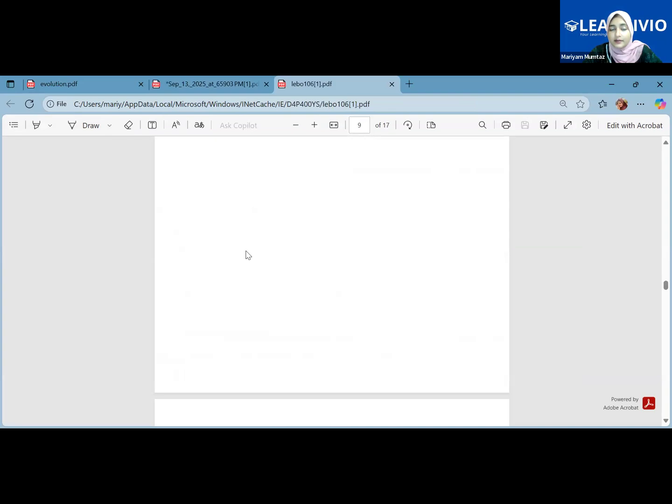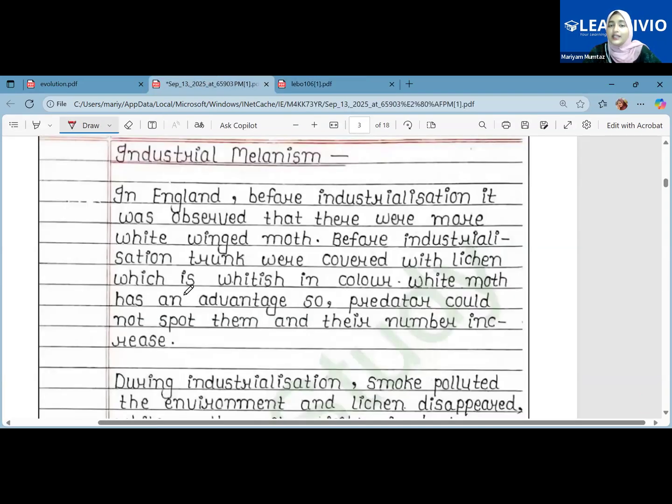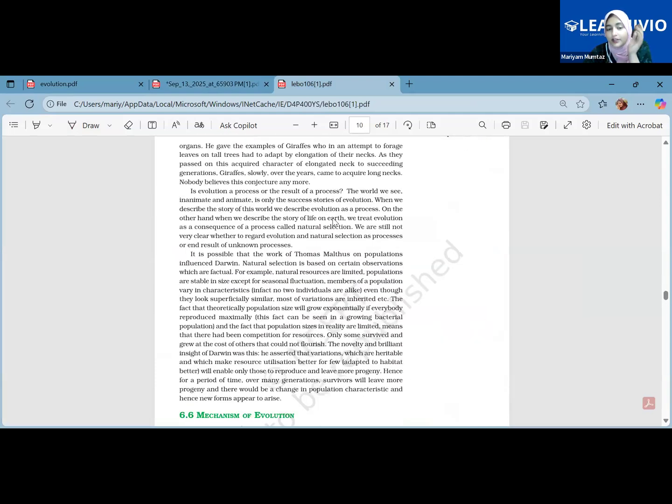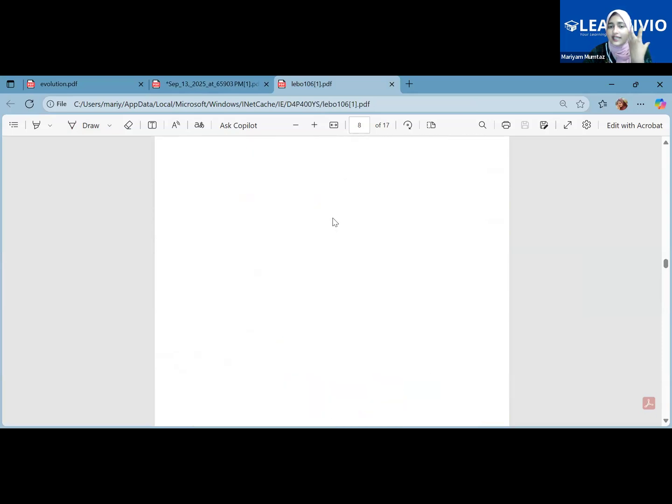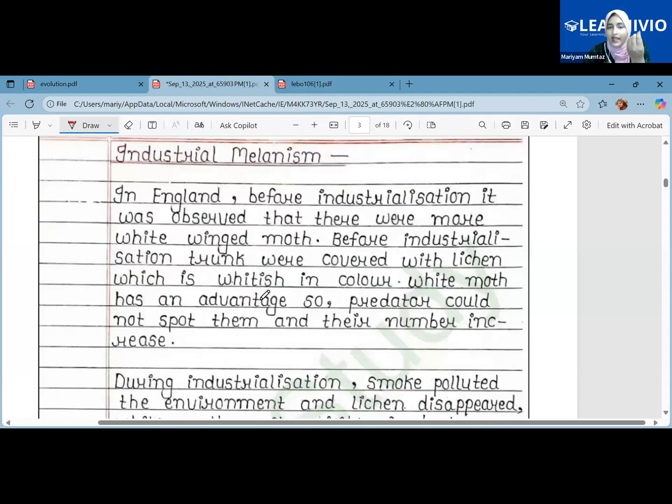According to industrial melanism, during the stage in England when there was no industrialization, meaning the pre-industrialization stage, there were a lot of moths that were white winged. They had white wings because at that point of time there was very little pollution.